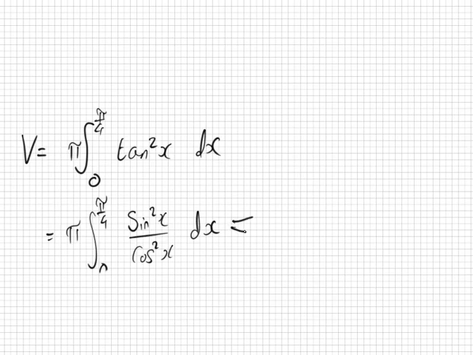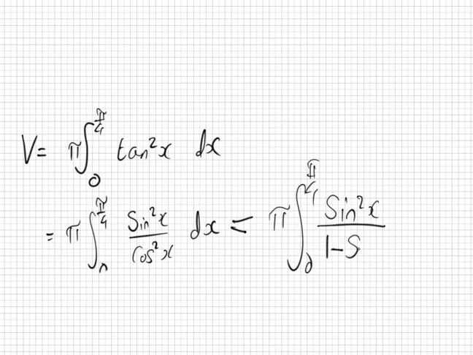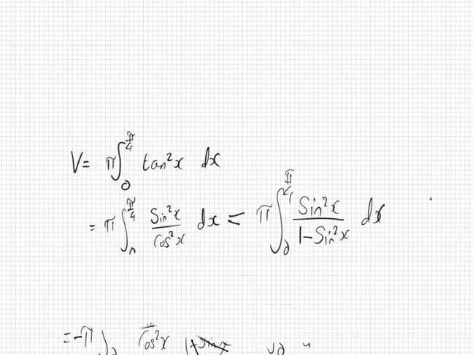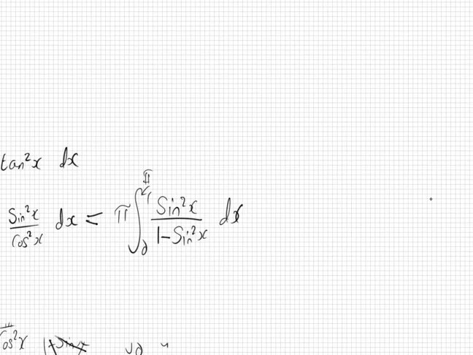If I was to change this to improper partial fractions, I would get this. Pi over 4, 0, pi over 4, sine squared x over 1 minus sine squared x dx. And this looks like x squared over 1 minus x squared, doesn't it? I mean it's not x squared of course.